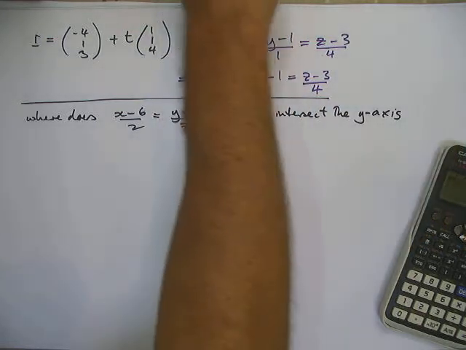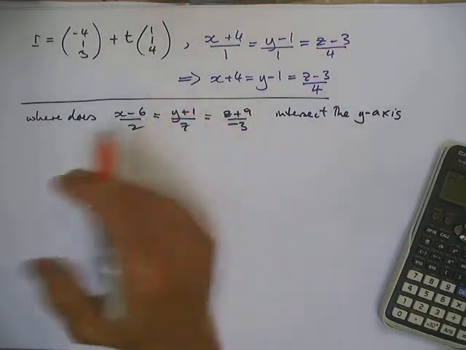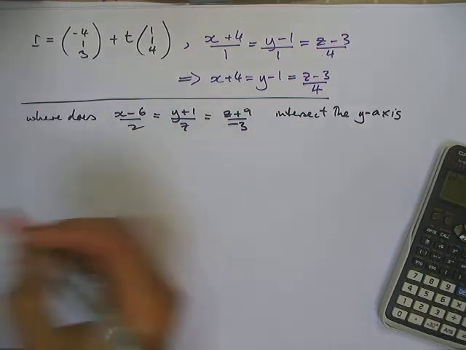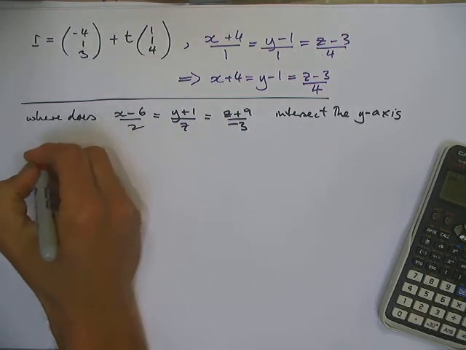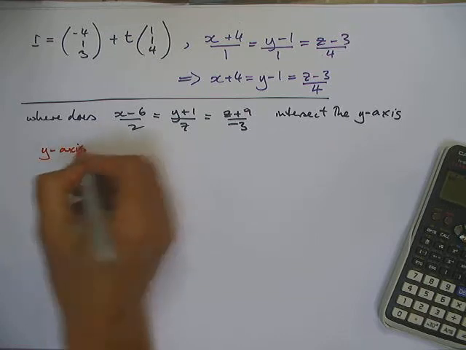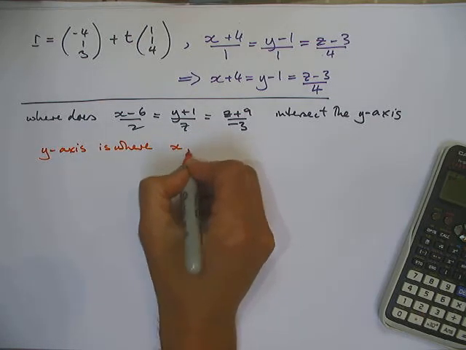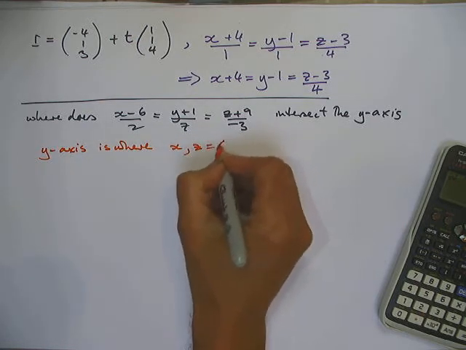Now it is good this. Do you remember in 2 dimensions the x-axis was y equals 0 and the y-axis was x equals 0? In 3 dimensions the y-axis is where x and z equal 0.